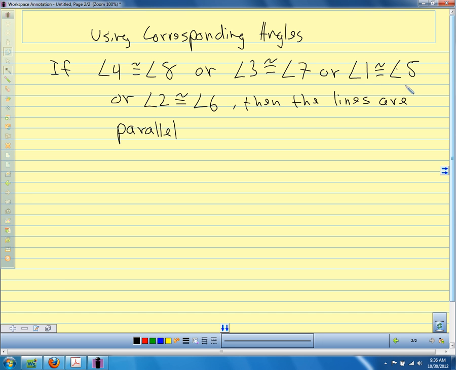And if you knew that angle 1 and 5 were congruent, you'd say they're parallel because corresponding angles are congruent. That would be all you'd have to do. Then the problem might ask you, like our opener, to figure out what the angles are, and then we just do them like we've done our openers. All right, in the next box down, it says using alternate interior angles.